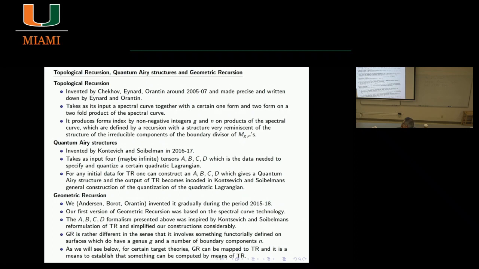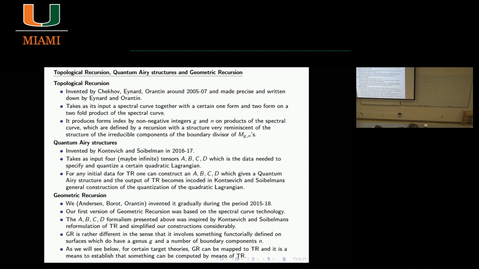But the data of the spectral curve, I could act on that, right? That's a completely different surface. That surface has nothing to do with all of these surfaces here. And the g and n in topological recursion have nothing to do with the g and n of the spectral curve. Because for all g and n you get omega g,n for a given spectral curve. And that's a bit the same here. For any theory here, you get assignments for all g and n, for all surfaces.